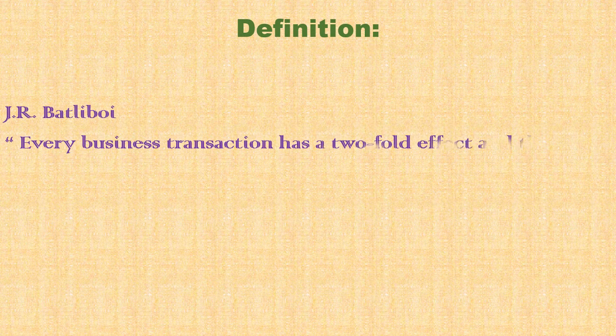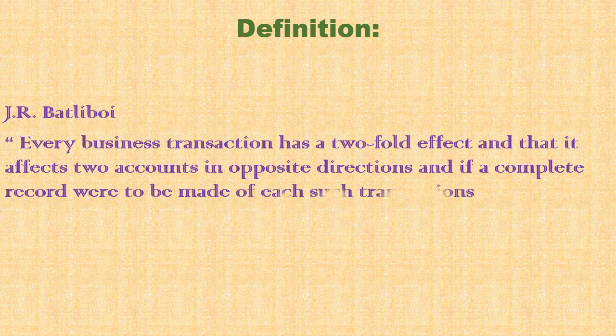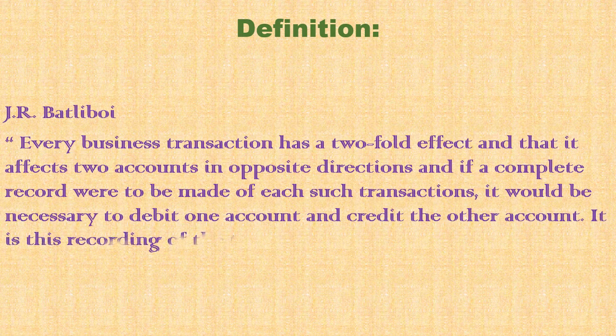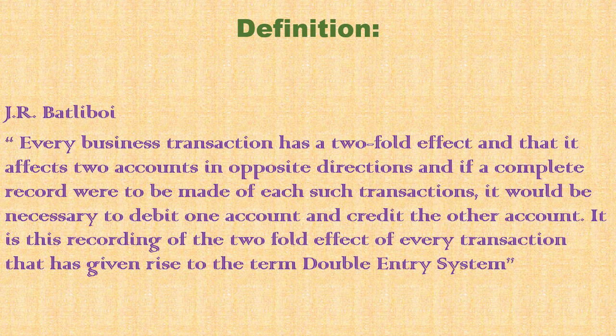Definition. Let us look into the easy one. We have J.R. Batliboi's definition: every business transaction has a twofold effect, and it affects two accounts in opposite directions. If a complete record were to be made of each such transaction, it would be necessary to debit one account and credit the other account.